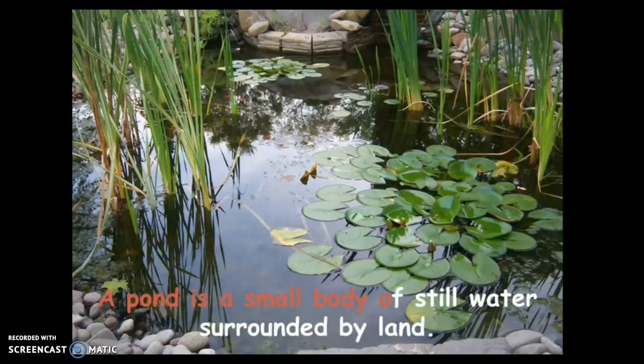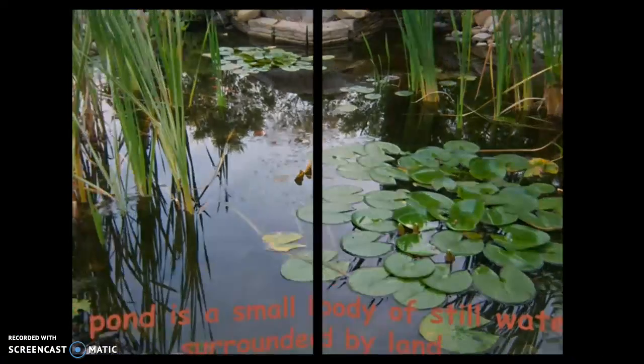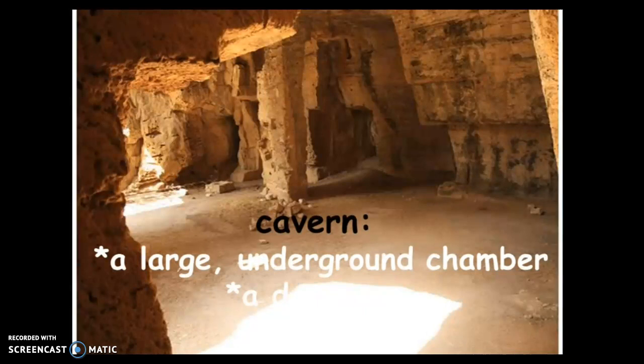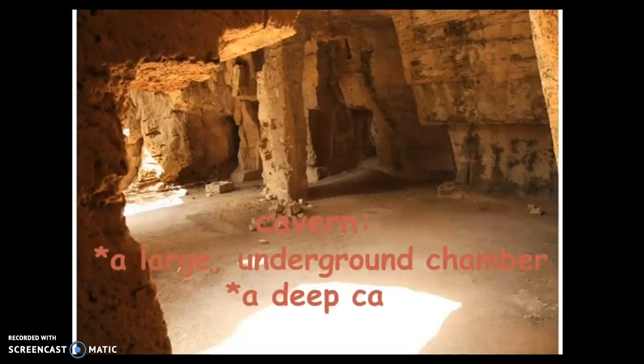A pond is a small body of still water surrounded by land. A cavern is a large underground chamber or a deep cave.